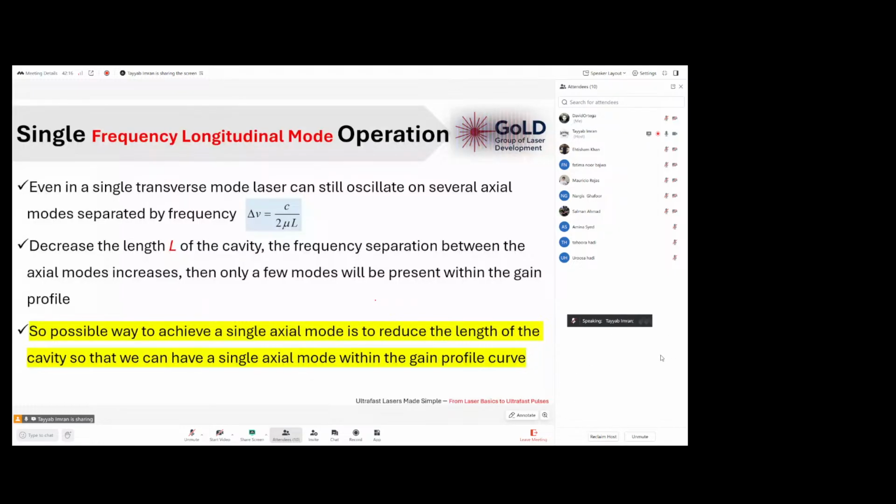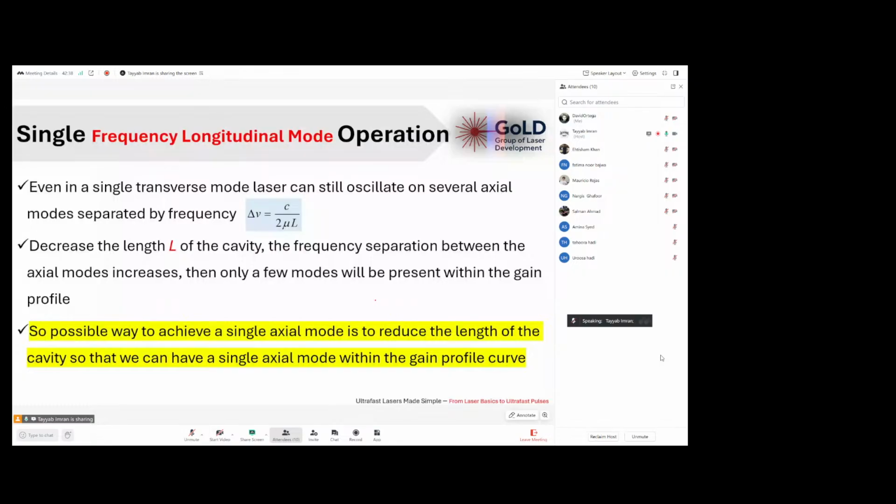The length of the cavity is necessary to generate a certain output wavelength, or what frequency, what wavelength laser do we need at the output of the cavity. So this is calculated according to the length of the cavity.